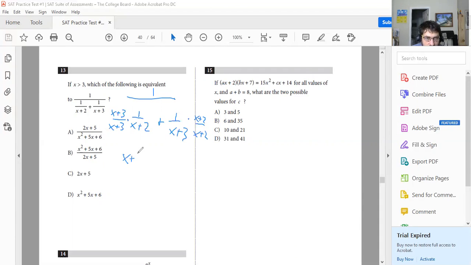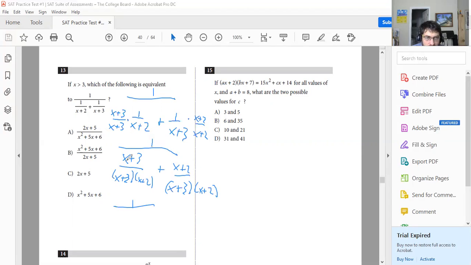So we have x plus 3 and x plus 3, x plus 2, plus x plus 2, x plus 3, x plus 2.